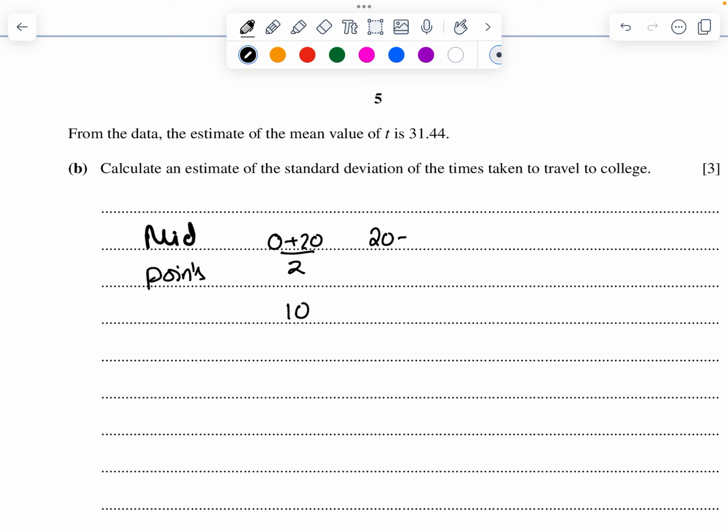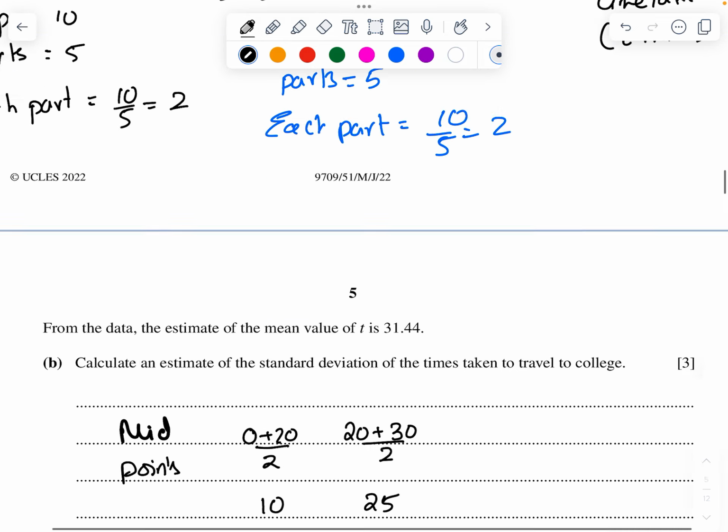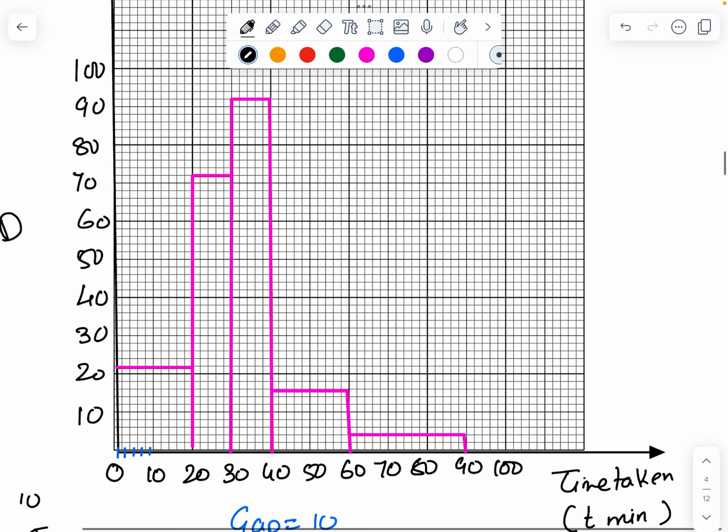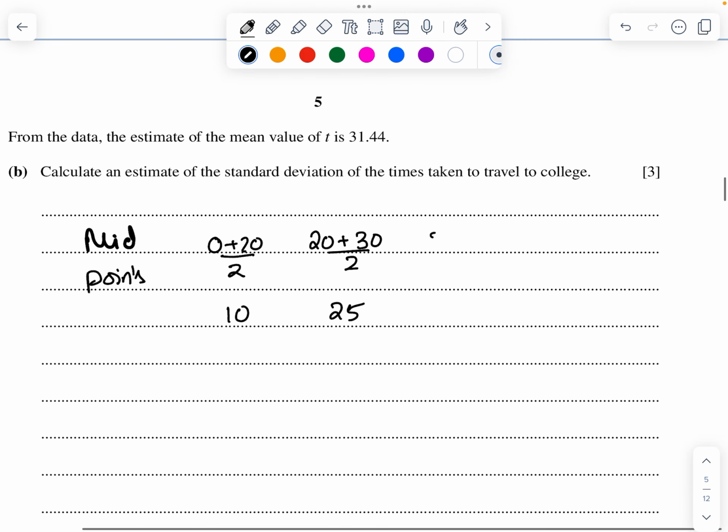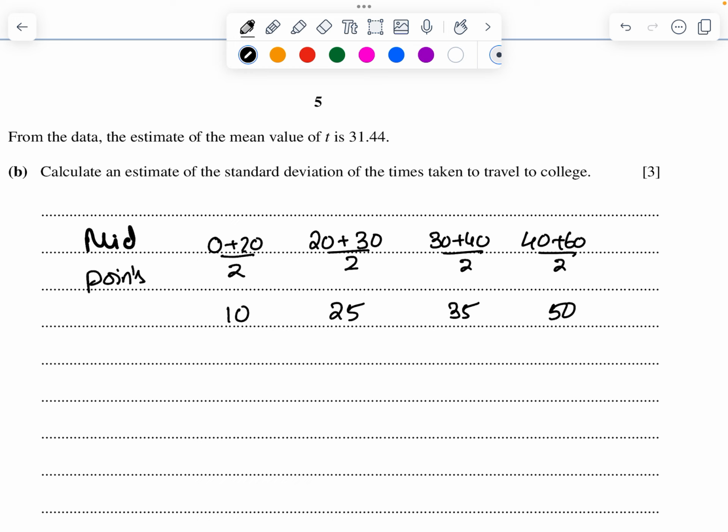Then 20 plus 30 divided by 2, which is 25. 30 plus 40 divided by 2, which is 35. Then 40 plus 60 divided by 2, which is 50. Then 60 plus 90 divided by 2, which is 75.